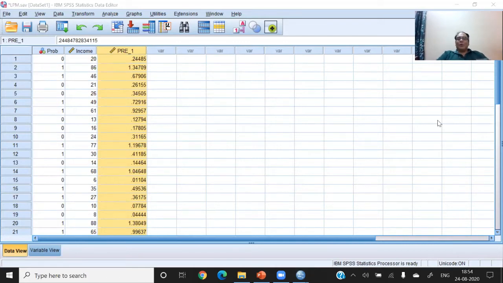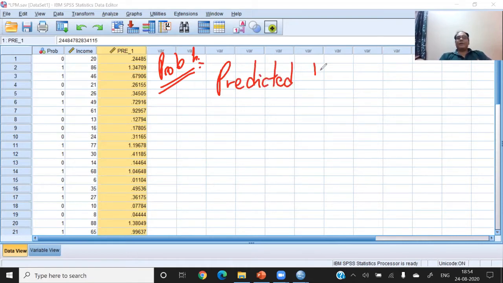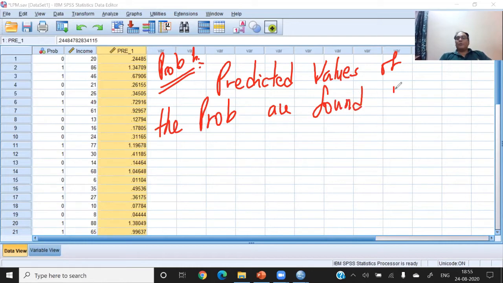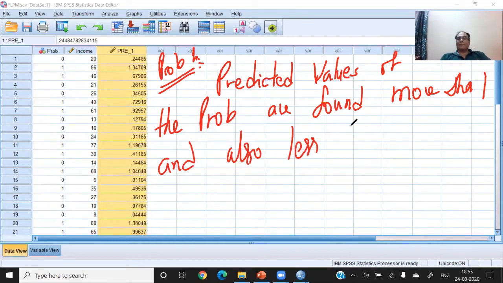The problem number 1 in this case is that the predicted values of the probability are found to be more than 1 and also less than 0 in some cases, and this is not possible.